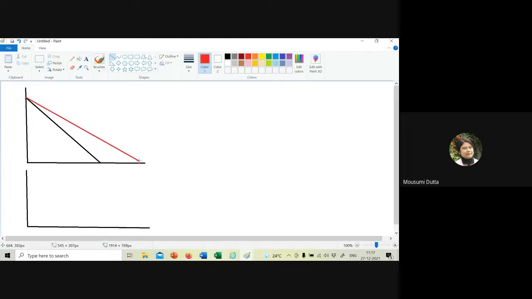This is the budget line after change in P1, after reduction in P1. This is the Hicks compensated budget line.